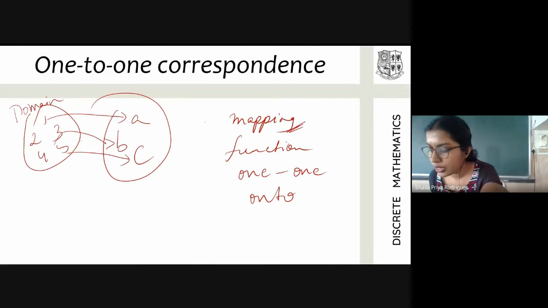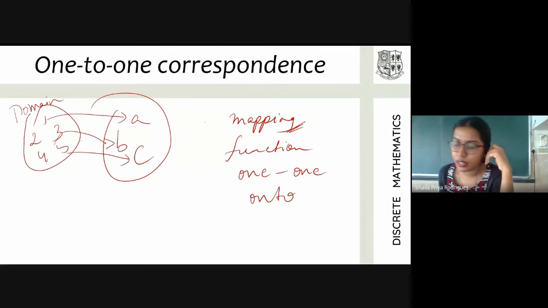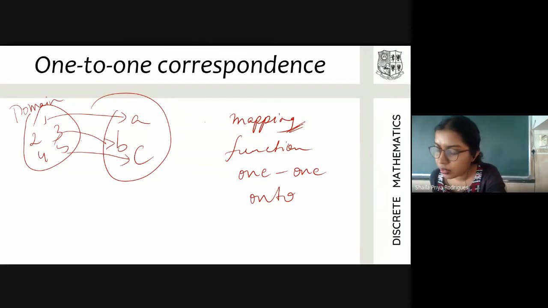Every element in the codomain has a pre-image, and the codomain has fewer elements than the domain.